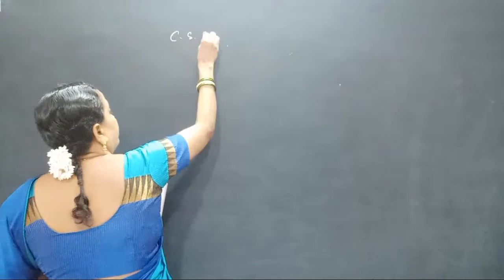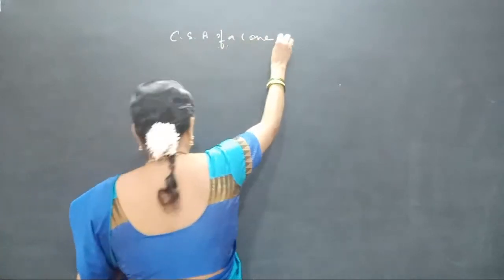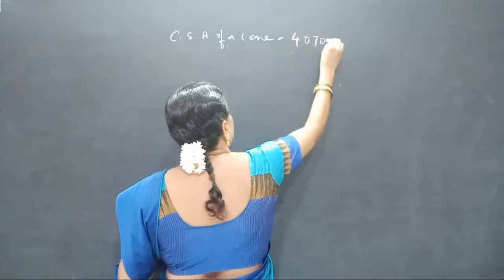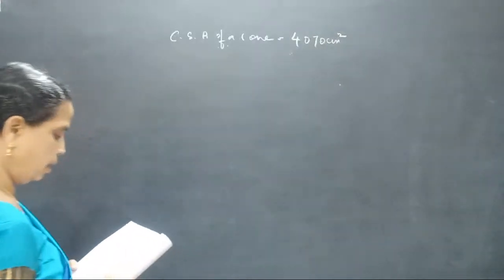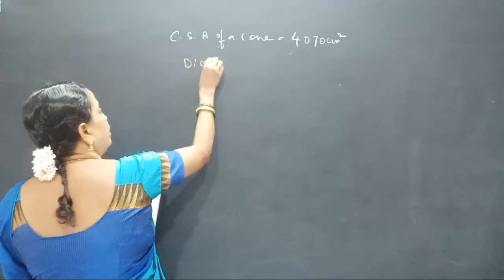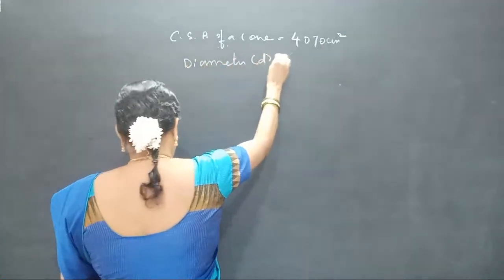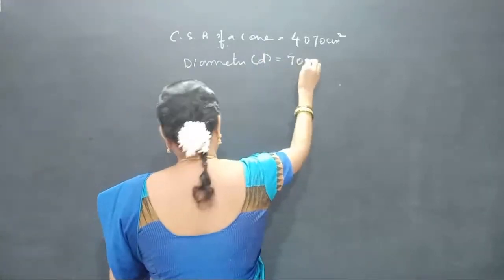The curved surface area of a cone is 4070 centimeters square, and its diameter is 70 centimeters.